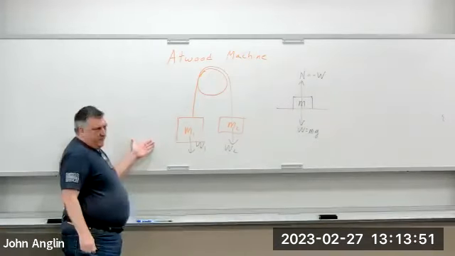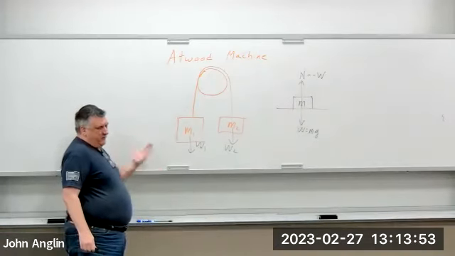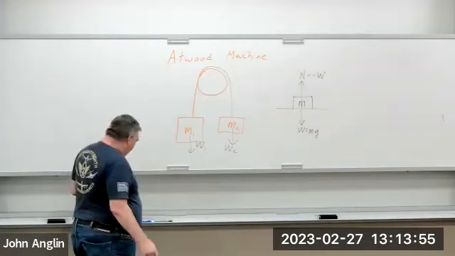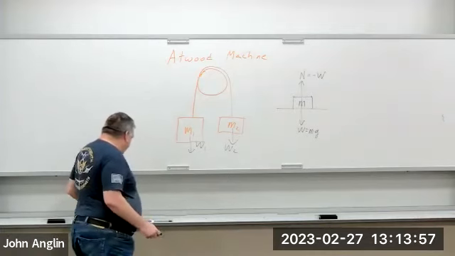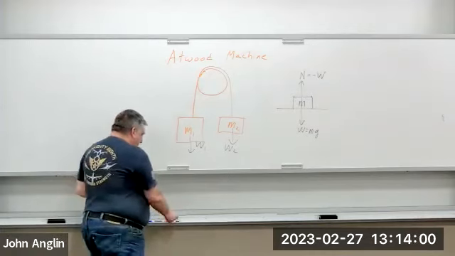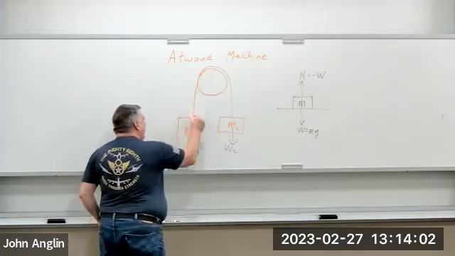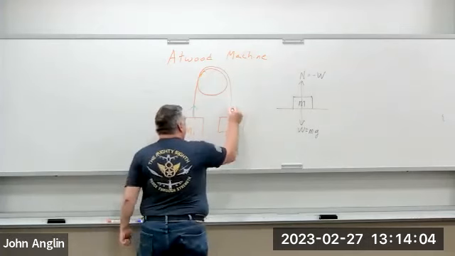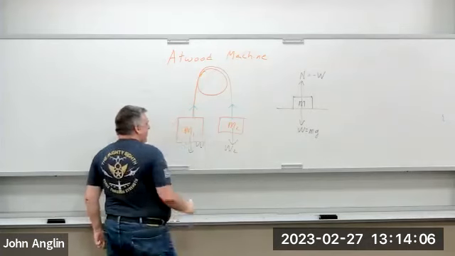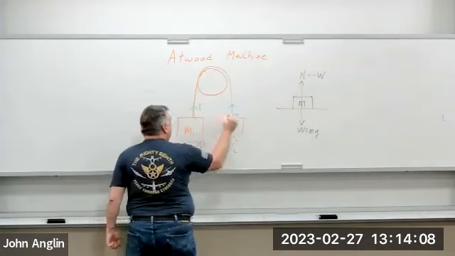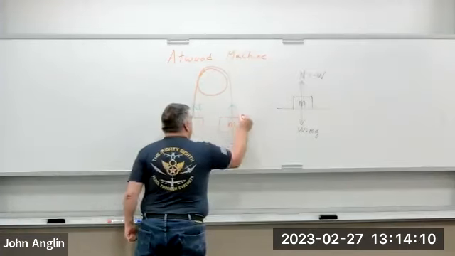So where's the equal and opposite force if there's nothing to push back on it? Well, the equal and opposite force here, you might have guessed, has to be in the rope. And we call that force tension.